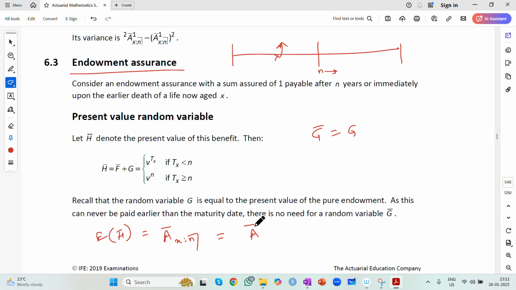So this will also be equal to a bar x n 1 plus a x n 1. In this case, when you put a bar or a, it is the same because the survival benefit is paid at the maturity of the contract.